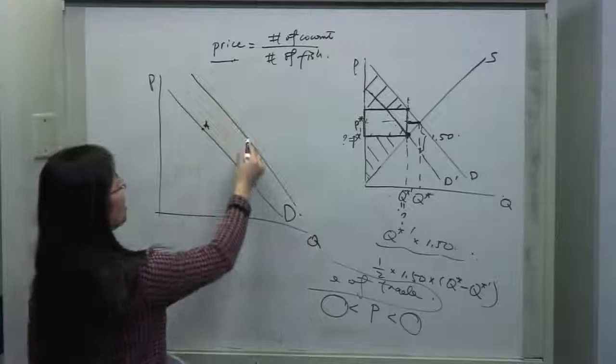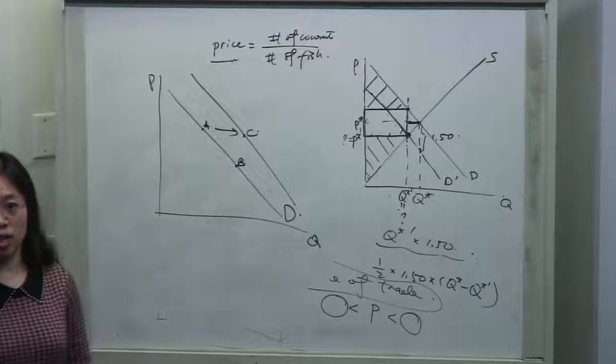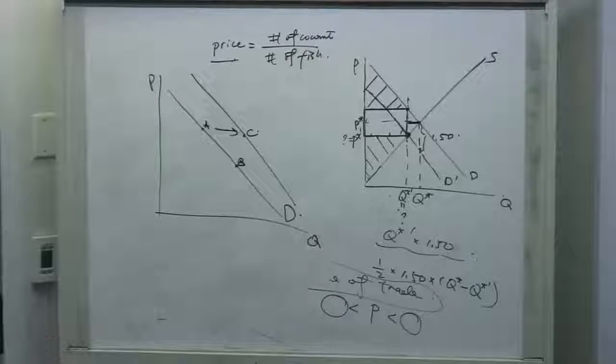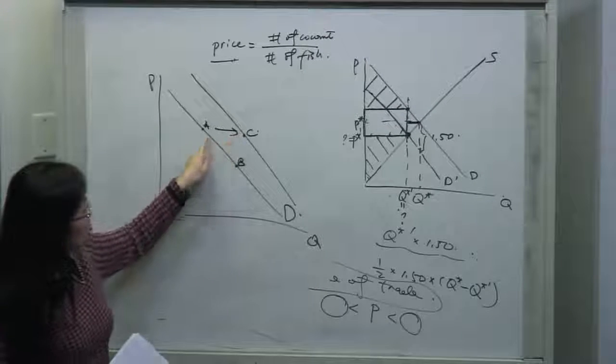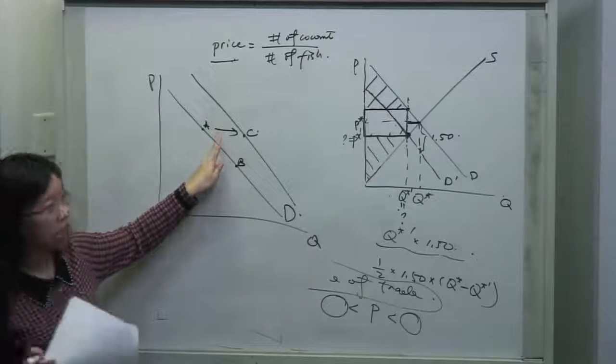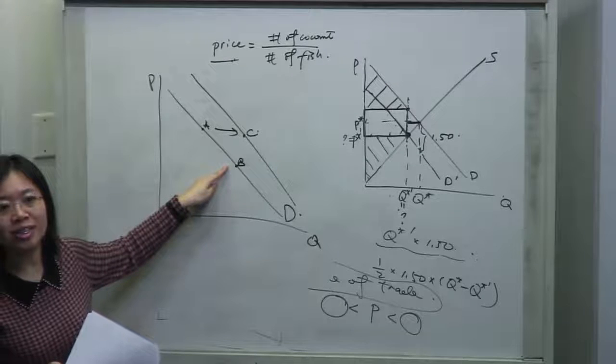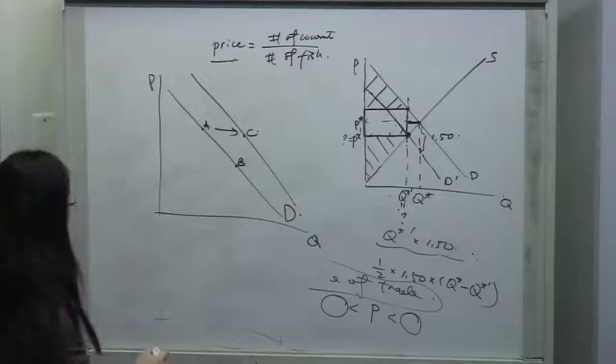And if you go from A to C, it's caused by something else. We call this a change in demand, and we call the other a change in quantity demanded.